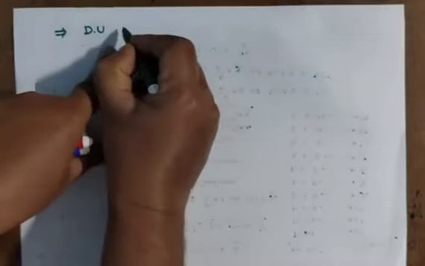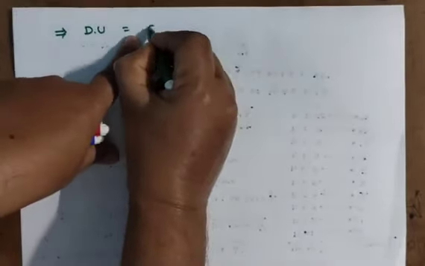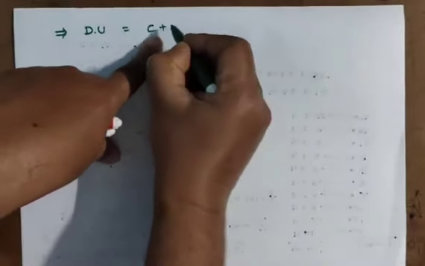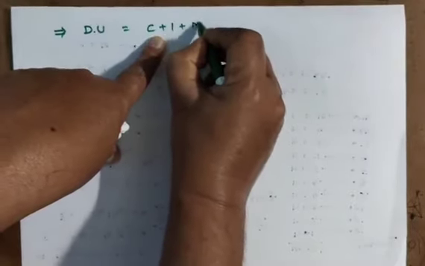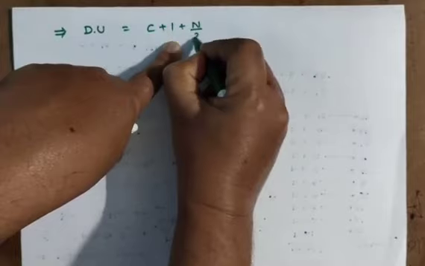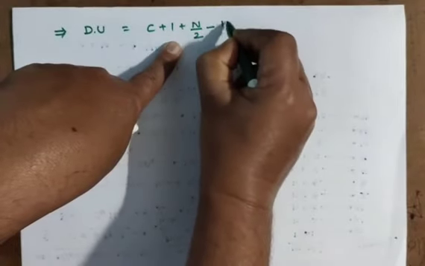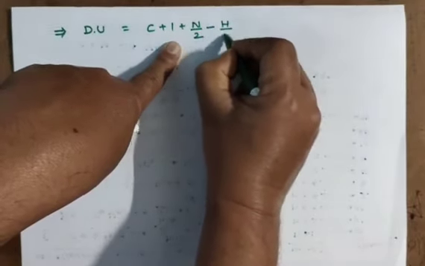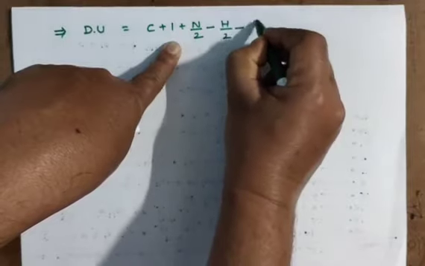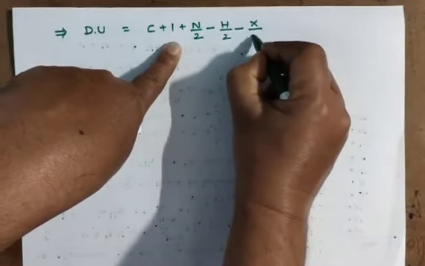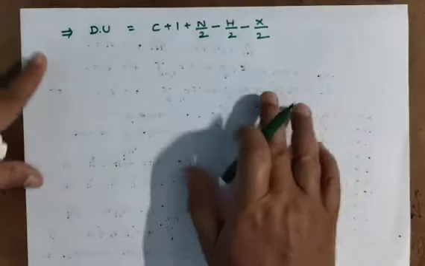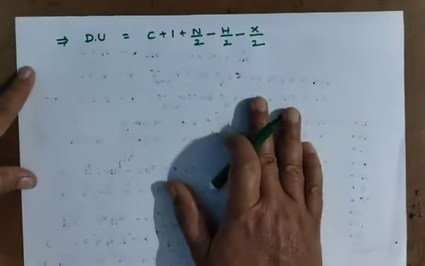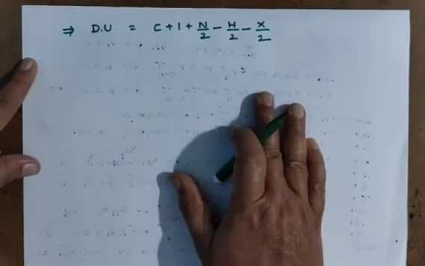Degree of unsaturation, DU, equals number of carbon atoms plus 1 plus number of nitrogen atoms by 2 minus number of hydrogen atoms by 2 minus number of halogen atoms by 2. This is the formula we use to calculate degree of unsaturation.